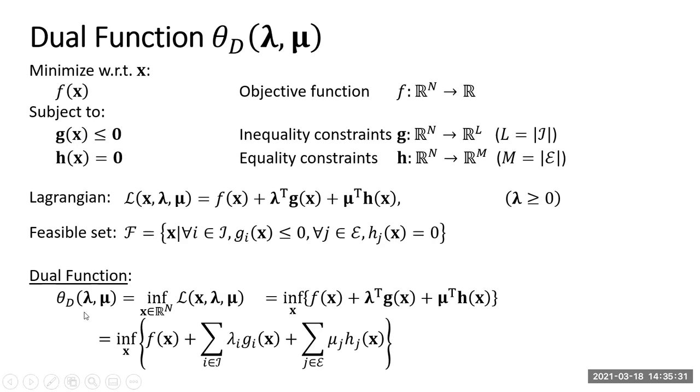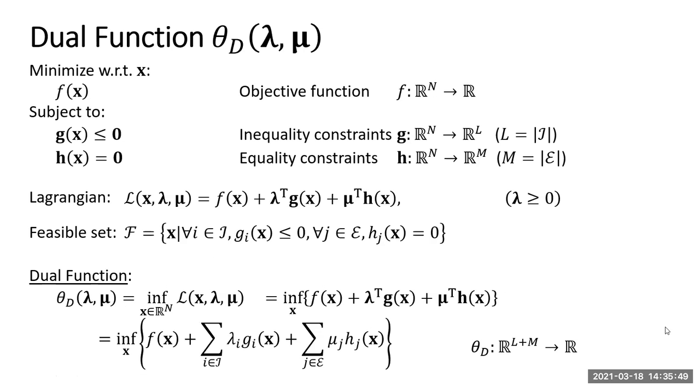Okay, so this is theta d of lambda, mu. Once we extract the infimum with respect to x of the Lagrangian, we are left with a function of lambda and mu, and that's theta d of lambda, mu, the dual function.